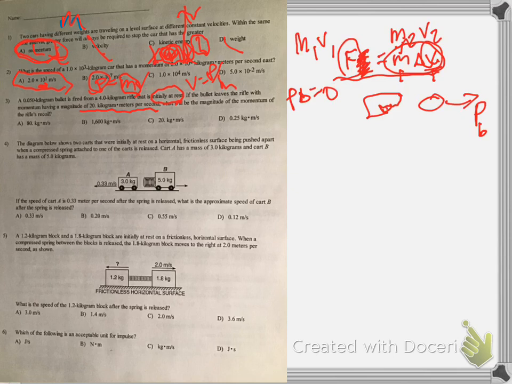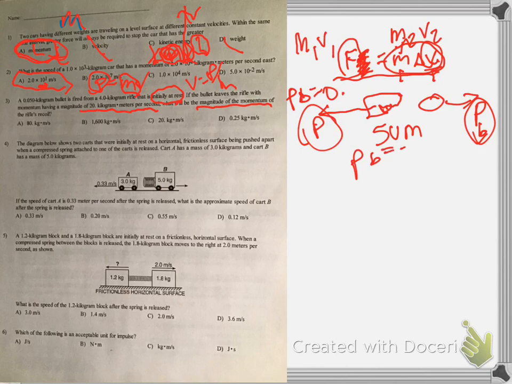That's an awful drawing, but the question is, what will be the magnitude of the momentum of the rifle's recoil? So the rifle is going to go back with how much momentum? If it's 0 to begin with, this and this have to sum to 0 after. The only way that can happen is P of the bullet equals negative P of the rifle.